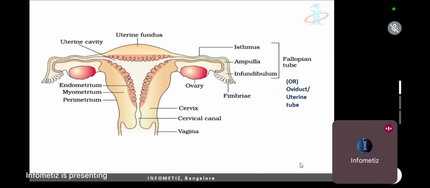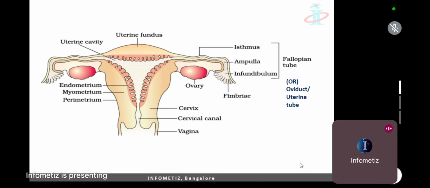Fallopian tube. Here you can see a tube-like structure, having parts: isthmus, ampulla, infundibulum, fimbriae. That is the fallopian tube. The removal of the fallopian tube is salpingectomy. Ectomy means removal.